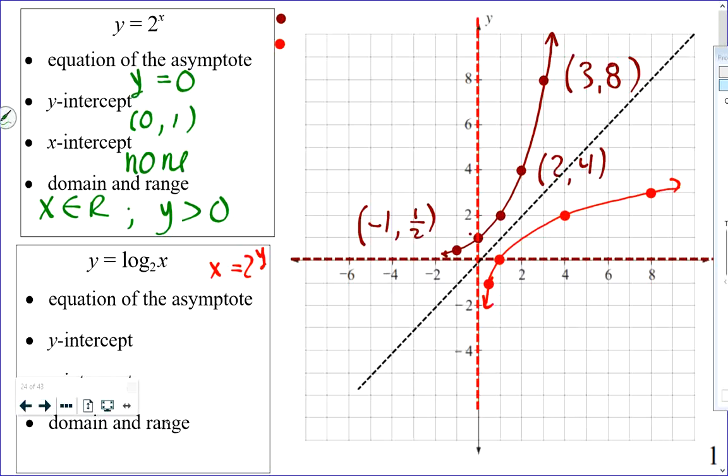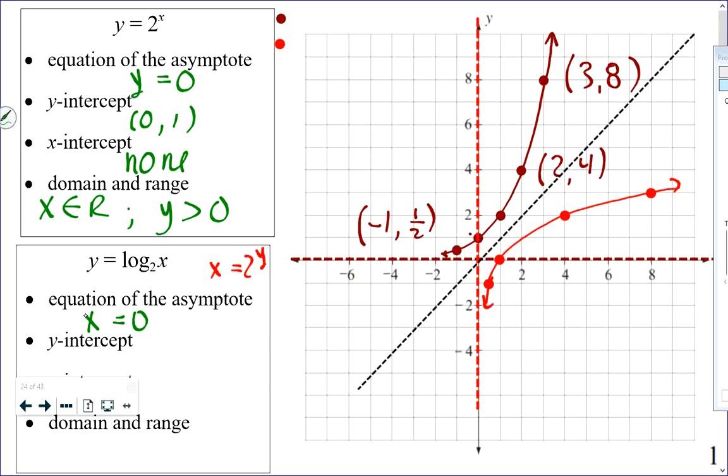All right, so if I want the equation of the asymptote for y equals log base 2 of x, I'm now looking at the red graph, but it has an asymptote that's vertical on the y-axis, and the equation of the y-axis is x equals 0. I did not need to look at the graph.